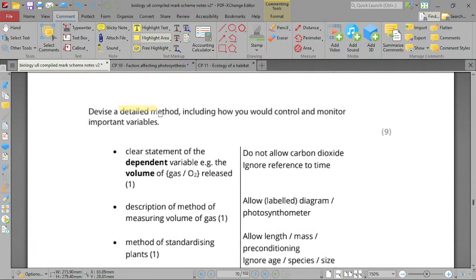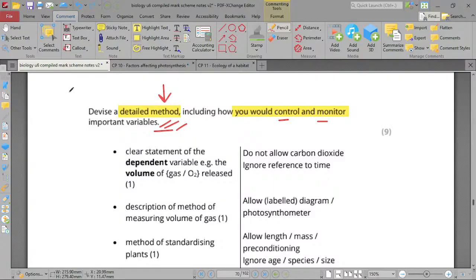Whereas over here, when we want to figure out a detailed method, it's asking you to include how you would control and monitor important variables. So not only how the experiment's set up and the apparatus you need, but also how you would control and monitor the important dependent, independent, and control variables.